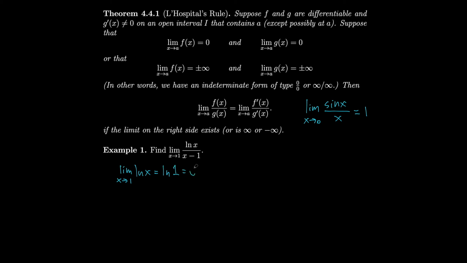So you get ln 1, which is 0. The denominator limit as x goes to 1 is also clearly going to be 0. It's a polynomial, so we can just plug in. So it looks like this is indeterminate of the form 0 over 0. So let's write that.